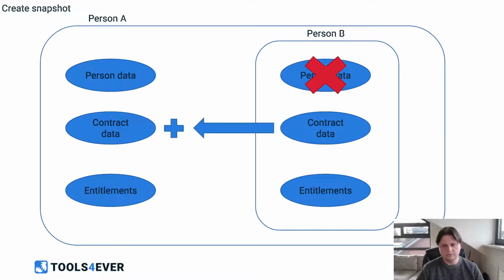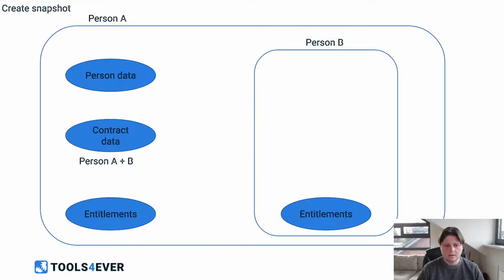What we want to do is take the contract data of person B and add it to person A. So if we create a snapshot, we have a person A which contains a kind of reference to person B, still with his entitlements, and we have a person A with his own person data and the contract data of person A plus B, and also his own entitlements.